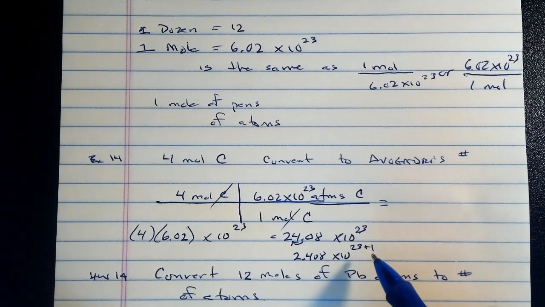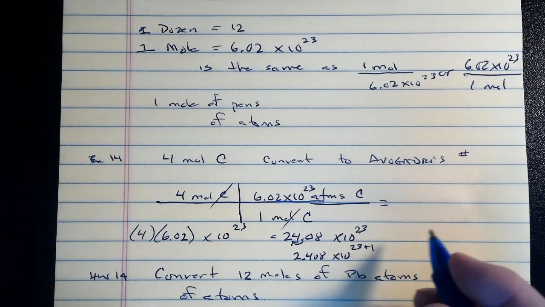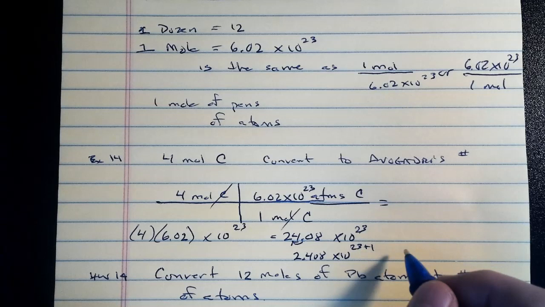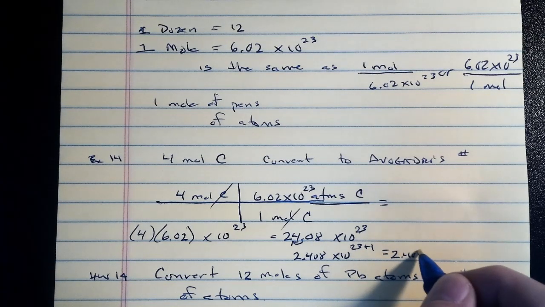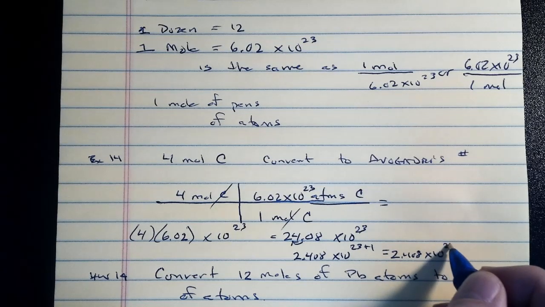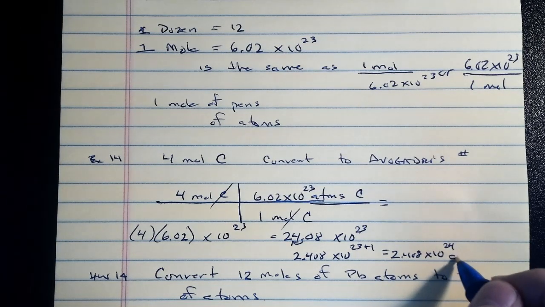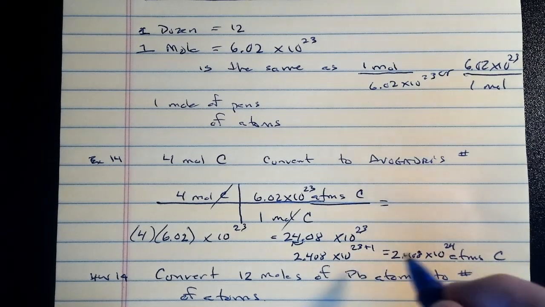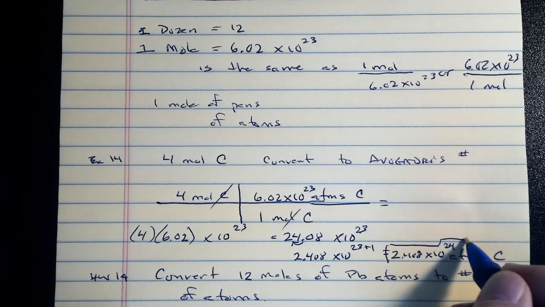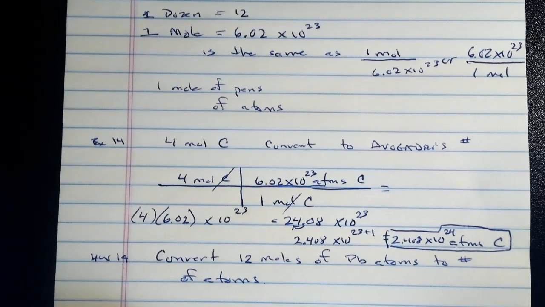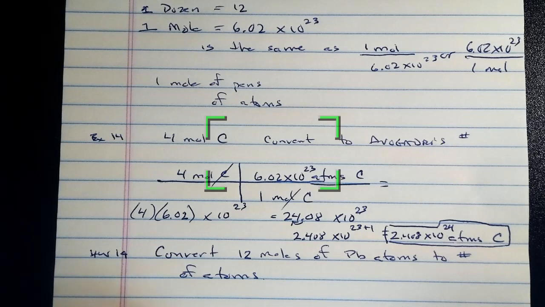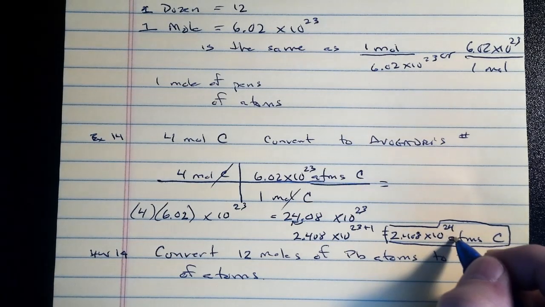I do that because a lot of students will just make a mistake somewhere in the calculation, and I like for you to show every single step, as you guys know. So this is equal to 2.408 times 10 to the 24, and we're in atoms of carbon. And of course, let's put the almighty rectangle around this guy. There you go. And so that's that first problem. This is an A there.